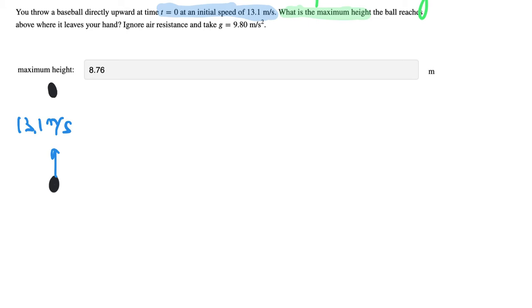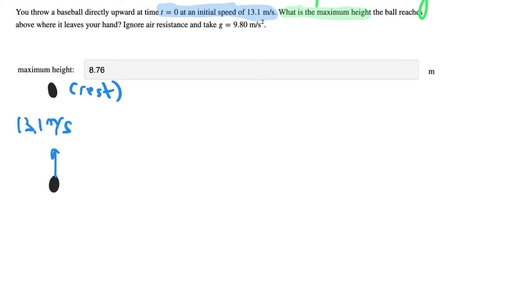Since it's the maximum height, we know that it is at rest at that moment, at least vertically. It's no longer rising because it's already at its maximum. It can't go any higher. And it hasn't fallen from anywhere, so it can't be coming from anywhere higher. So it has to be at rest as well. And that's going to be a general truism that you should remember: when a thing's at its maximum height in a free fall problem, then its vertical velocity is going to be 0.